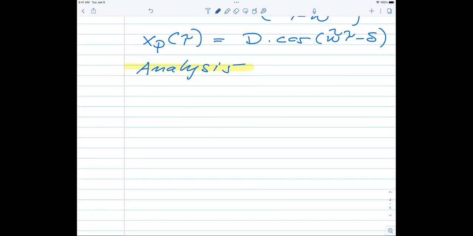If we look at it, let's go back a little bit and ask ourselves about the possible values it can take. So let's just square the equation.